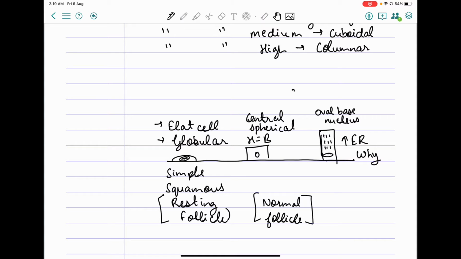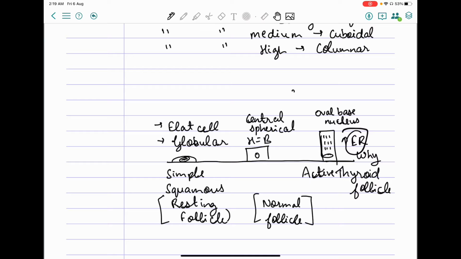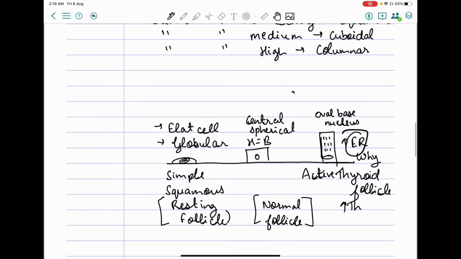Because of more thyroid follicles, or you can say more active thyroid follicles, due to which more thyroxine is produced. Simple. If we want more thyroxine, then what do we want? We want more endoplasmic reticulum. Simple.